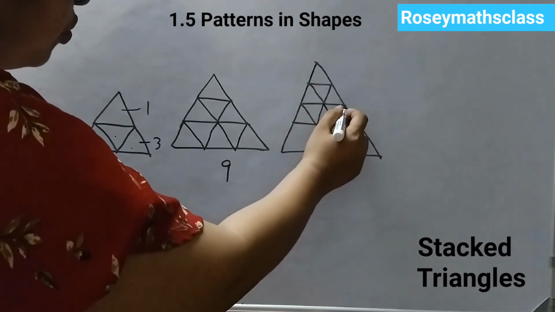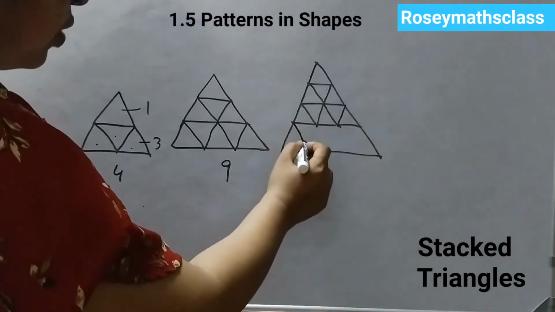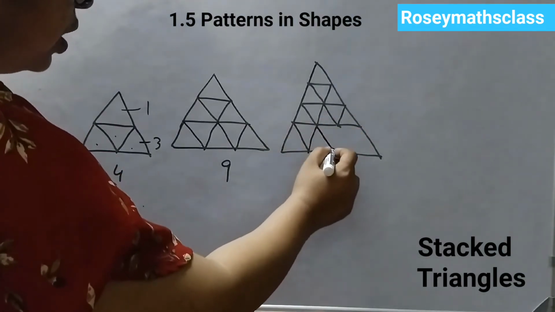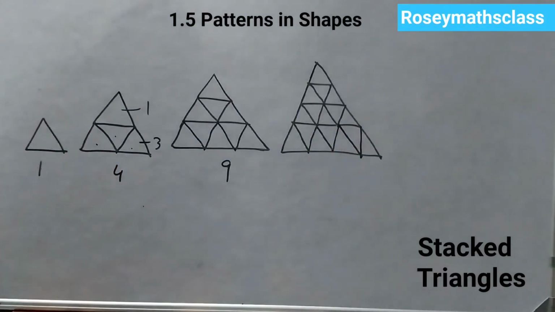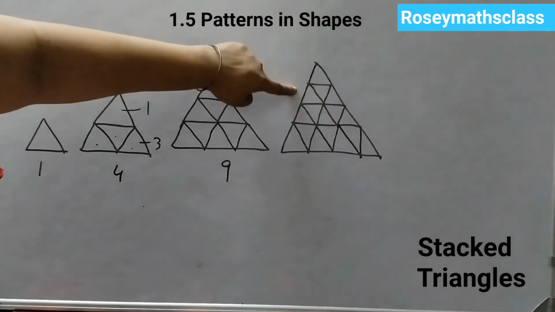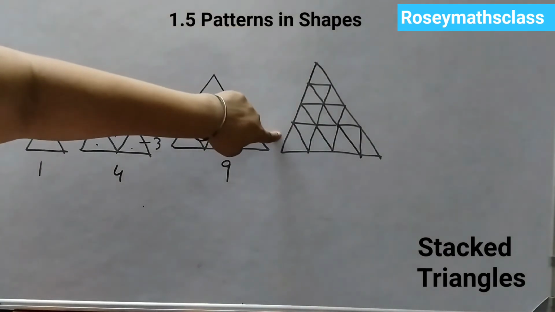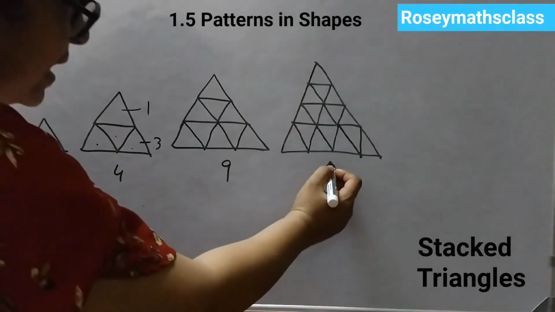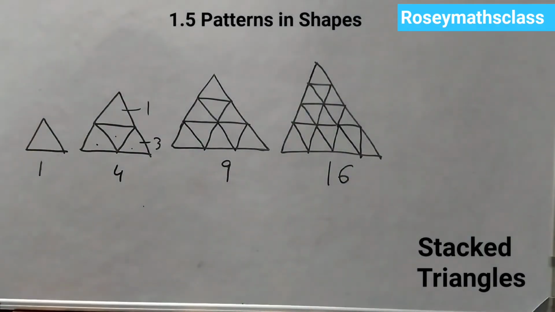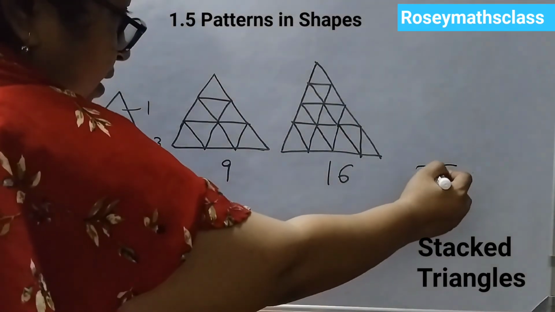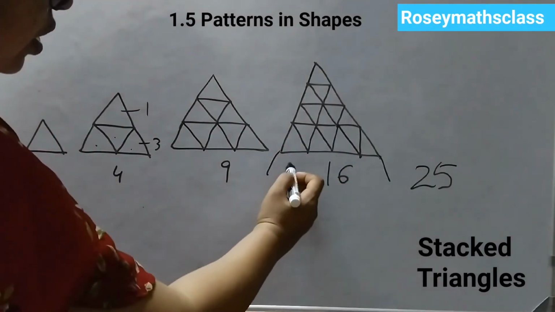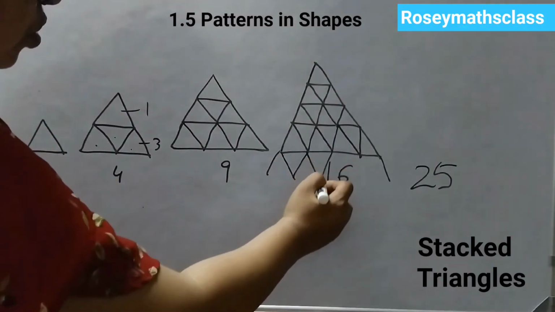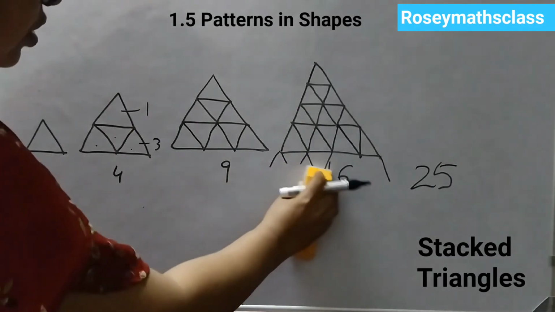Now here 1, 2, 3, 4, 5, 6, 7. 1, 3, 5, 7. So that will be 16. Same way you need to draw the next one, which will have 25 triangles in this. Extend this one more time like this, and then you can draw like this. So that will be 25 triangles.